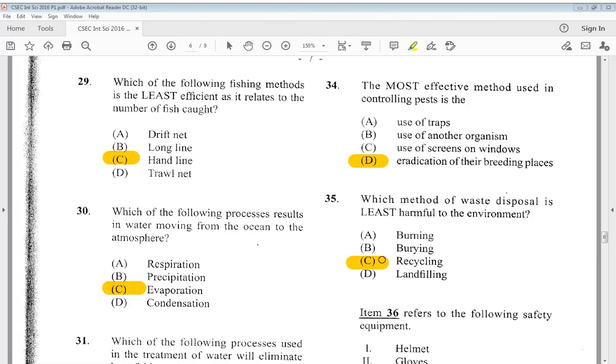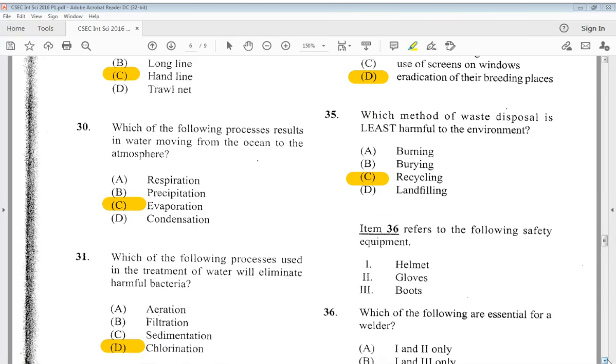Least harmful. So there are always some key terms in reading your question. You look for the main idea and then you isolate and pick out the key term that wants you to find the solution to the main idea. So that word least is very important.